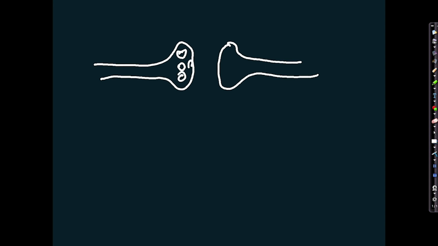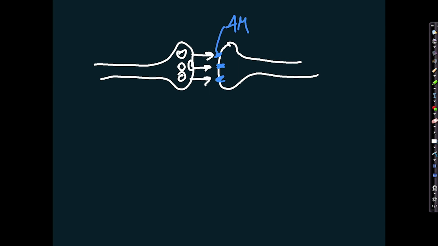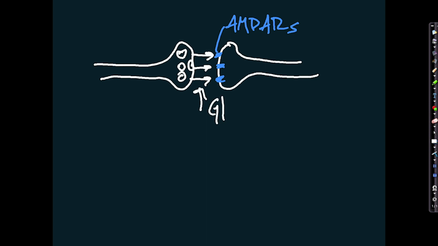Here are the vesicles, and glutamate is released, diffuses across the synaptic cleft, and I will draw in some little glutamate receptors. This will do. There we go. So we've got something like AMPAs, right? You would know what these are now, the AMPA receptors. Bad handwriting as usual, but whatever.